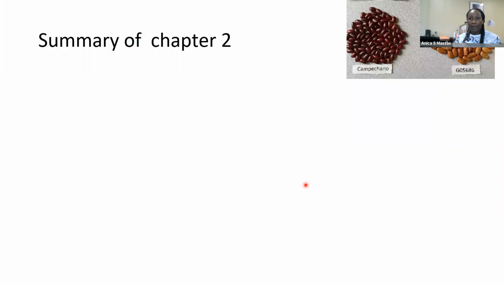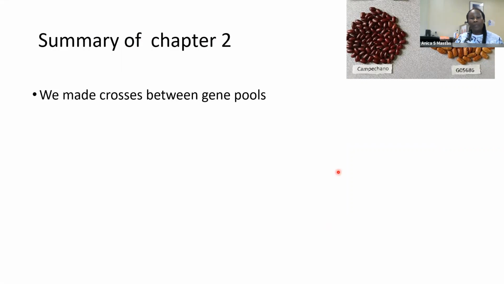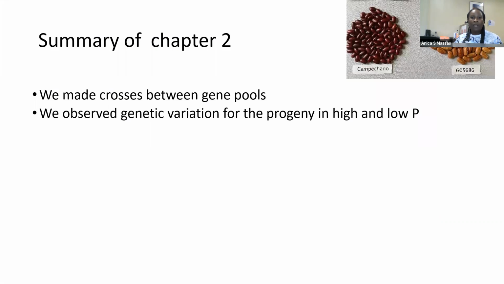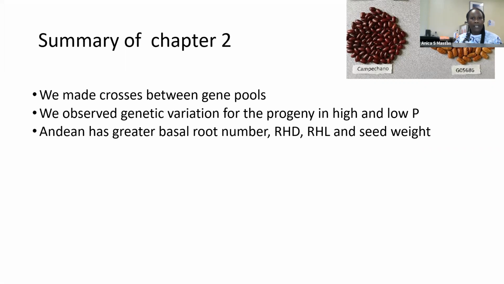So as a summary for this chapter, we made a cross between 2 gene pools, was the first point, and we observed genetic variation for the traits in high and low phosphorus. Andean has greater basal root number, root hair density and length, and seed weight.